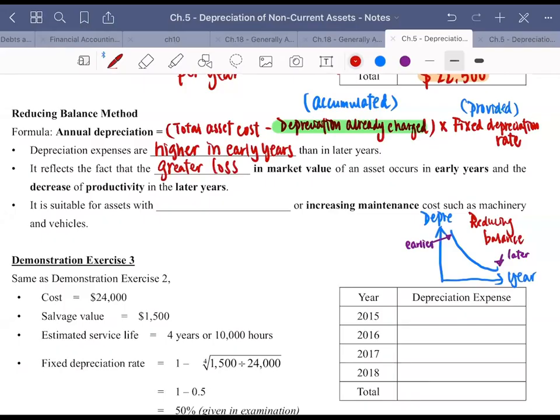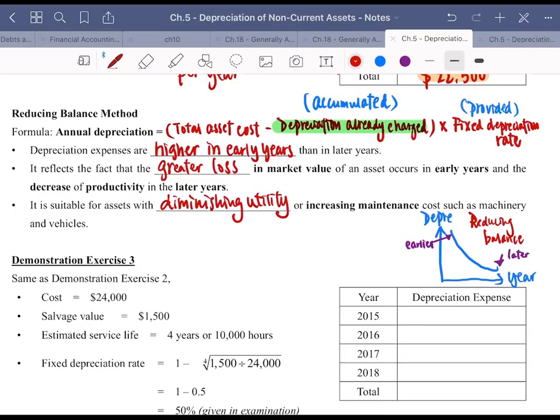So for the last point, it is suitable for assets with diminishing utilities. Different from what we have mentioned in the straight line method, some assets may have diminishing utilities, which means their productivity will decrease 1 year later or 2 years later, rather than we can evenly distribute their quality throughout the whole useful life.